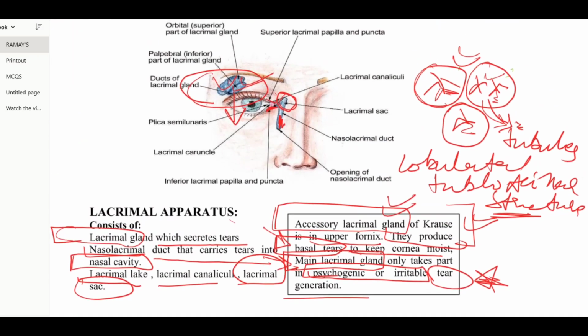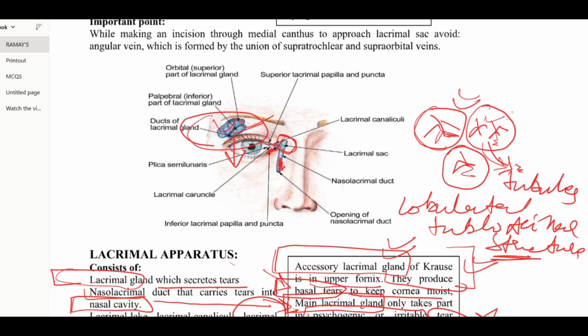Look here, this is the larger part. This is known as the orbital part, the superior part of the lacrimal gland. This smaller one here is the palpebral part, the inferior part of the lacrimal gland.